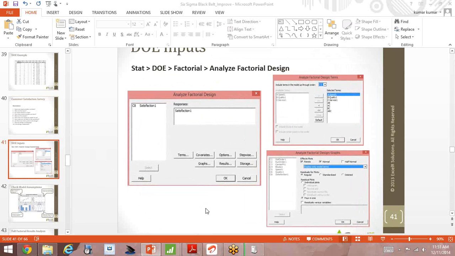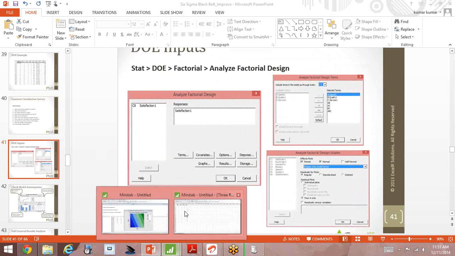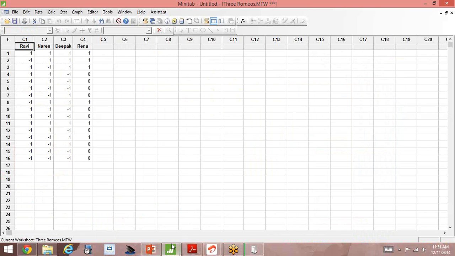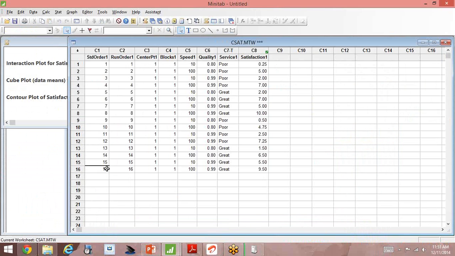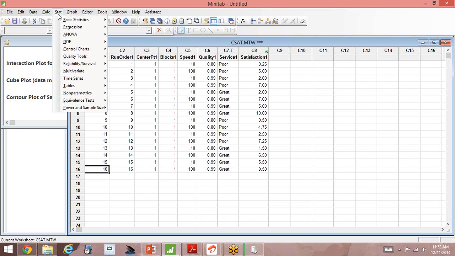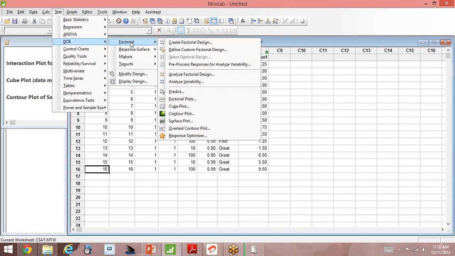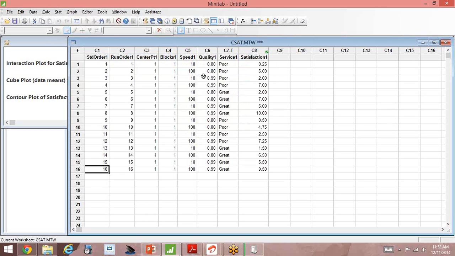Okay, so let us do this. Let me go to Stat, DOE, Factorial, and analyze factorial design. We are providing inputs to the design of experiments. How do we provide inputs? I need to go to Stat, DOE, Factorial, and then click on create factorial design.